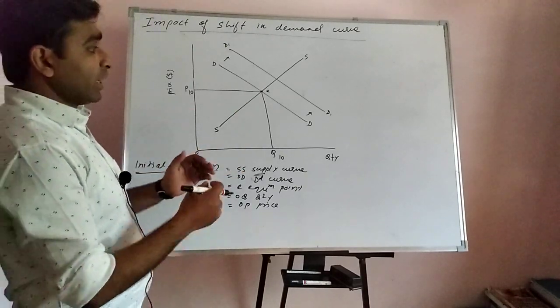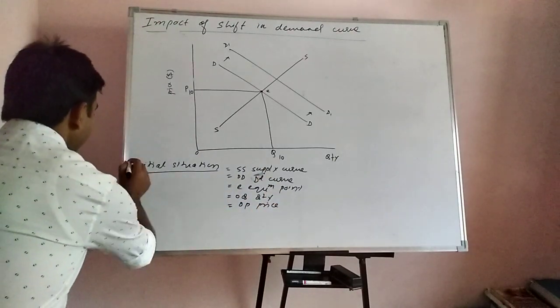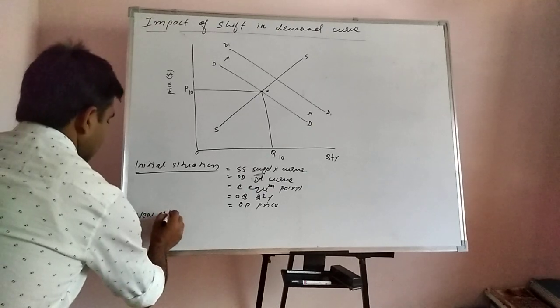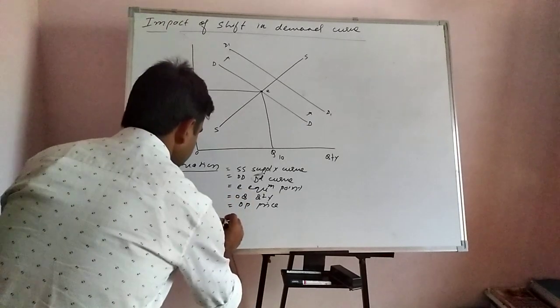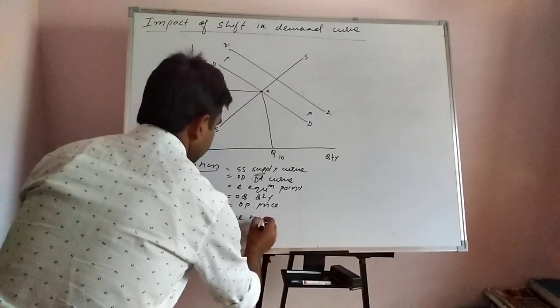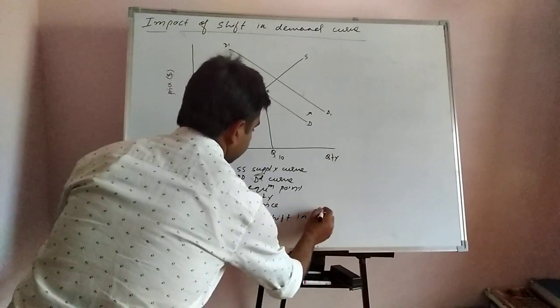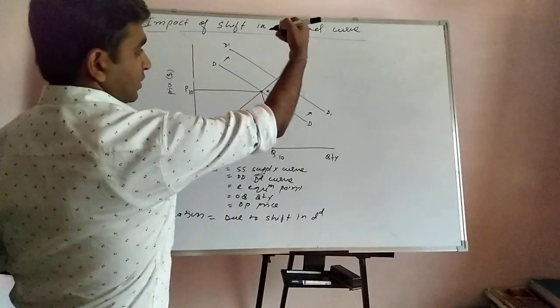So this is the initial situation of demand and supply, with the equilibrium quantity as well as the price. Now when demand has increased, there is a new situation. Due to the shift in the demand curve, which kind of shift? Upward shift.